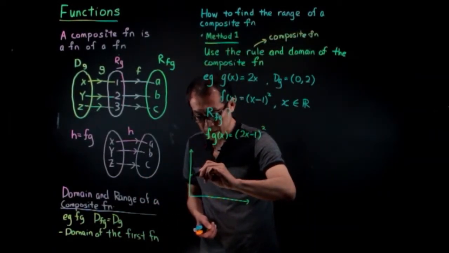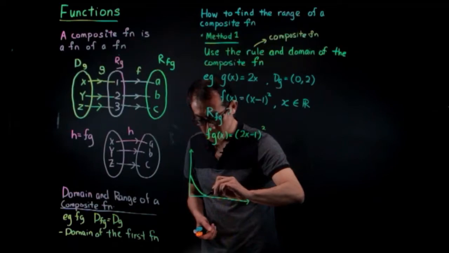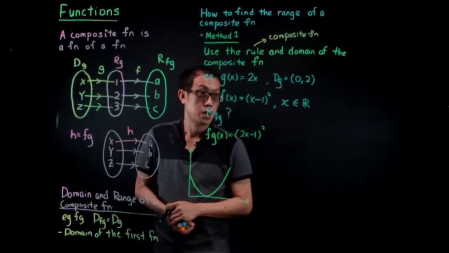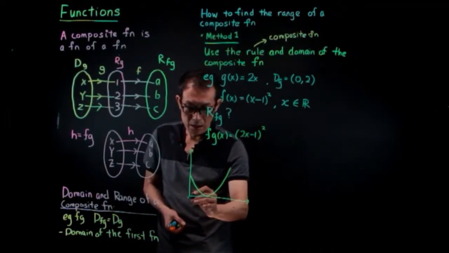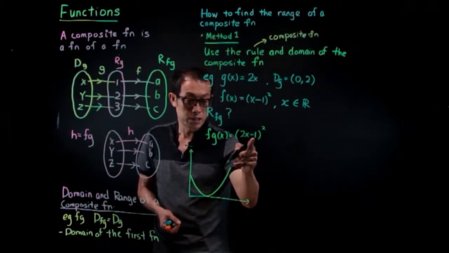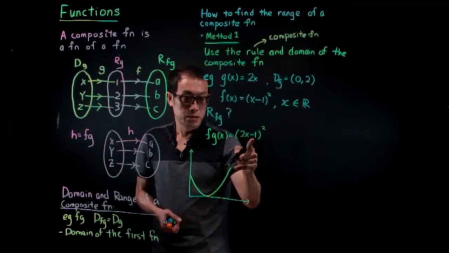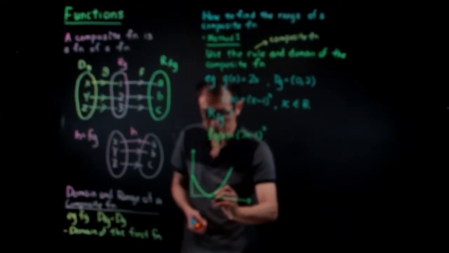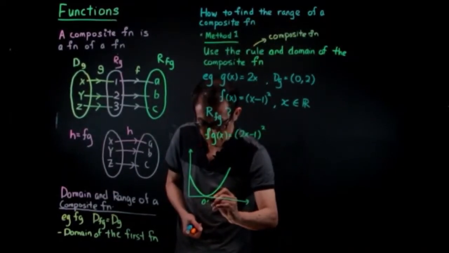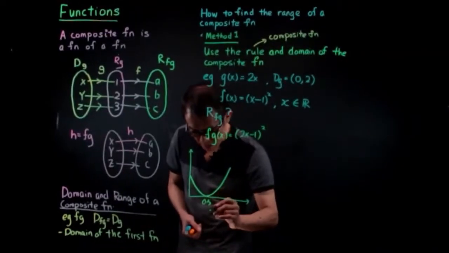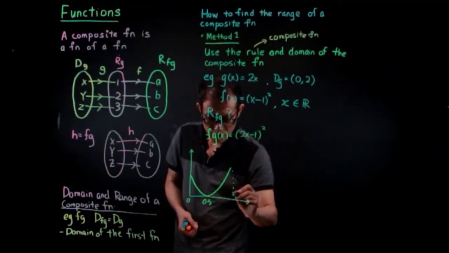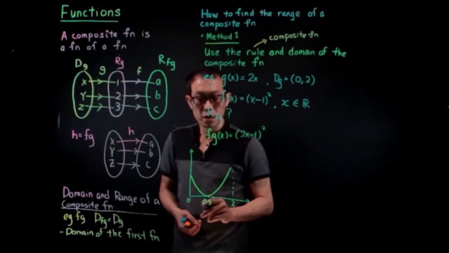This graph will look something like this. It has a turning point at x equals half. So this is 0.5, this is 0, and maybe this is 2.